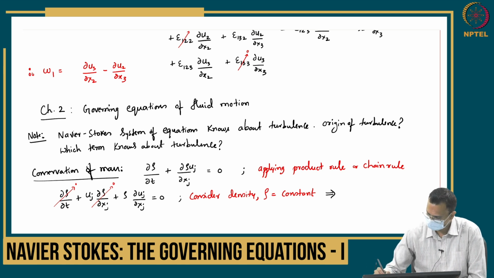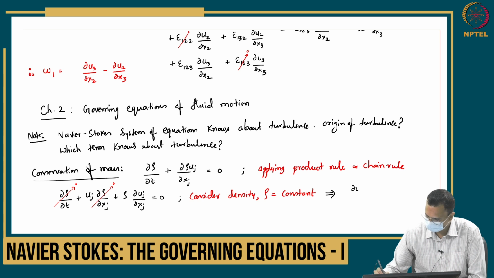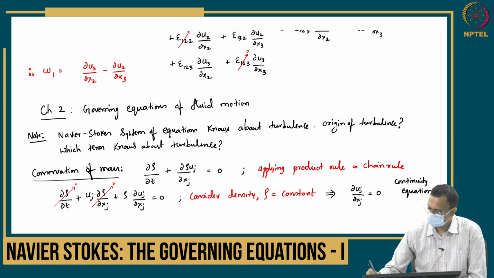Only I get the last term, which is your dou uj by dou xj equal to 0, which is what you call a continuity equation in incompressible flow, right? Continuity equation in incompressible flow.